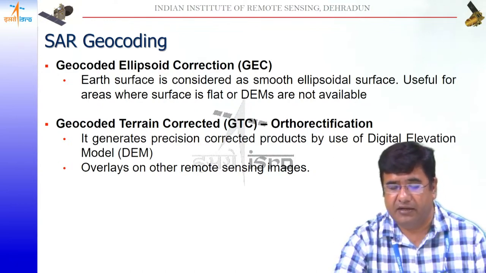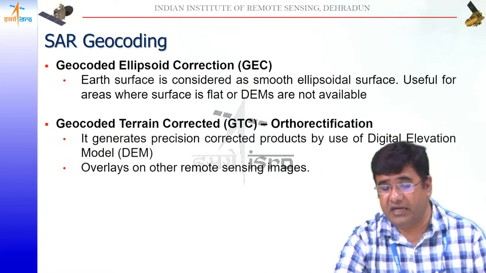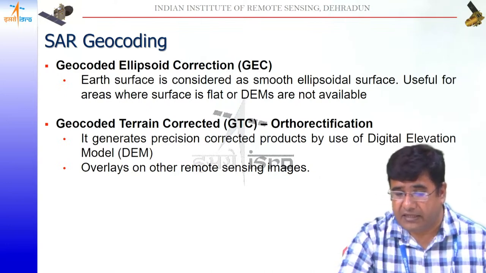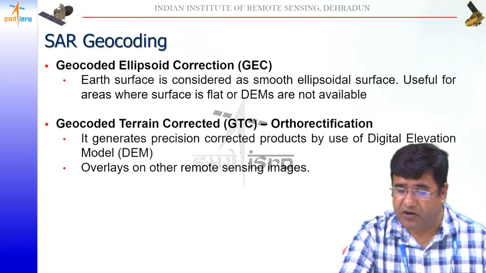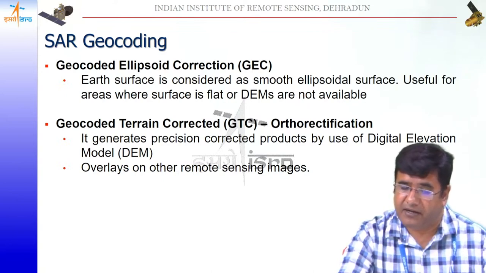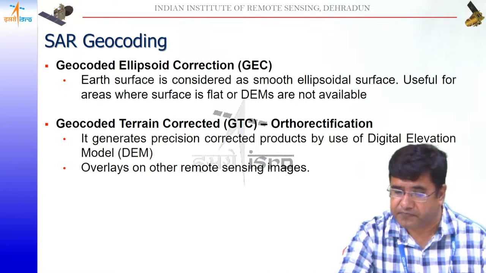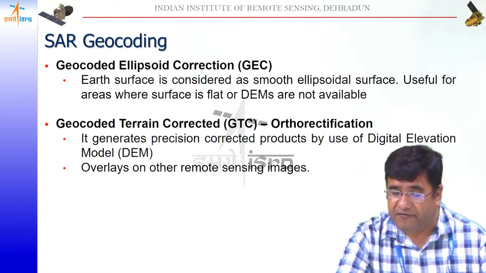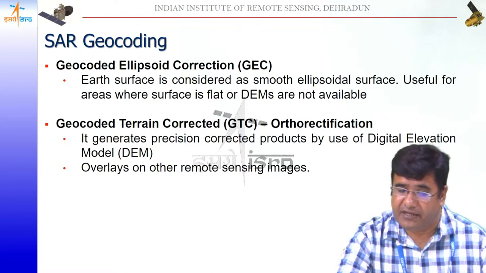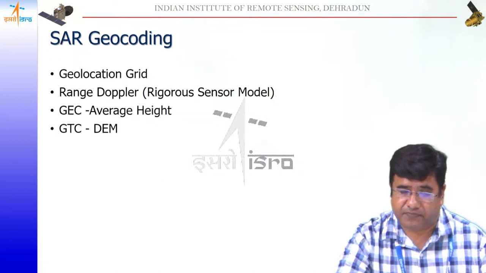These are the basic processing steps, called level 1 processing, that we have to do in a SAR image. We can do analysis in the SLC image or the phase image, but for comparing the SAR image with other images, we have to do geometrical corrections.